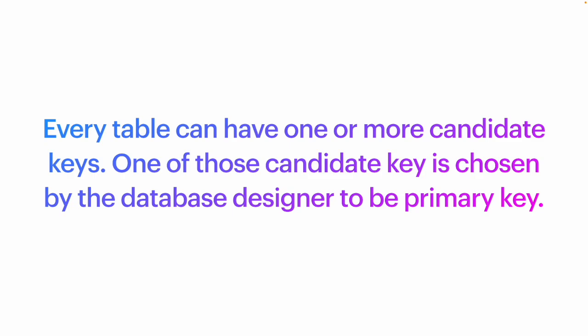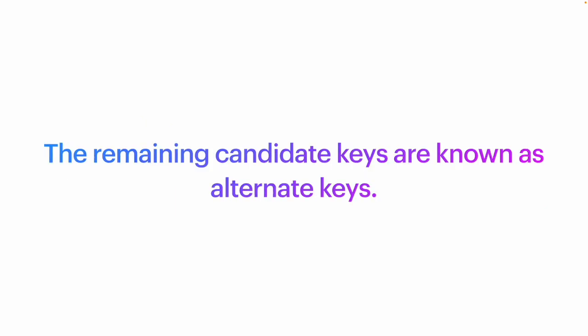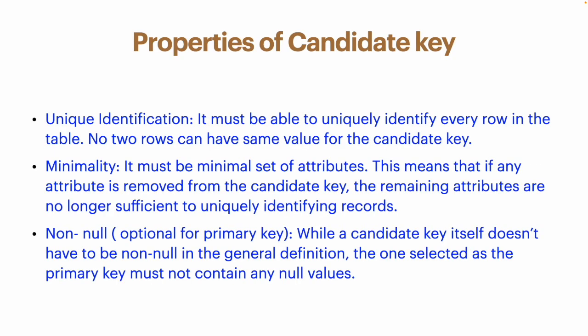It is possible to have more than one candidate key, and one of those candidate keys is chosen by the database designer as the primary key. So primary key is a subset of candidate keys, and the remaining candidate keys are known as alternate keys. Whatever is left after the primary key, if they are unique and can identify records, they are known as alternate keys.